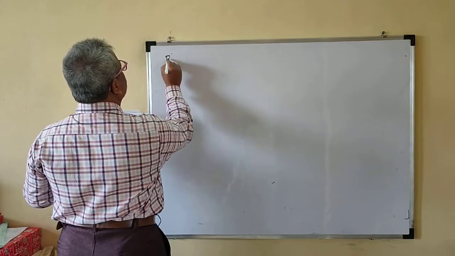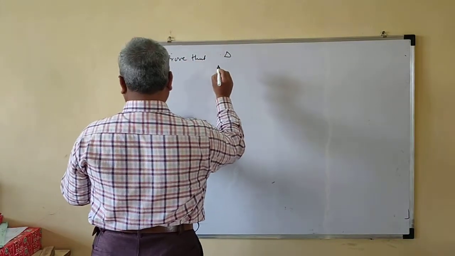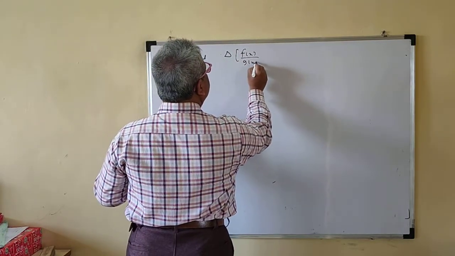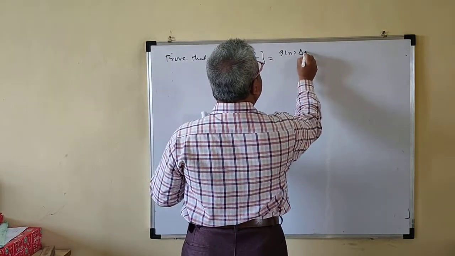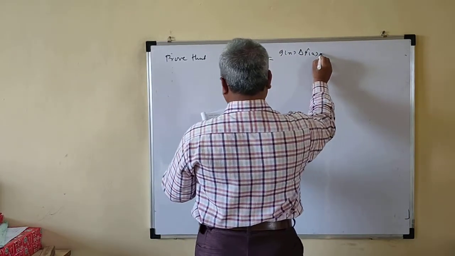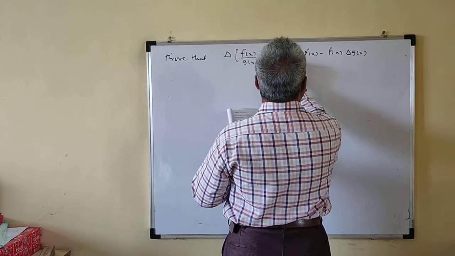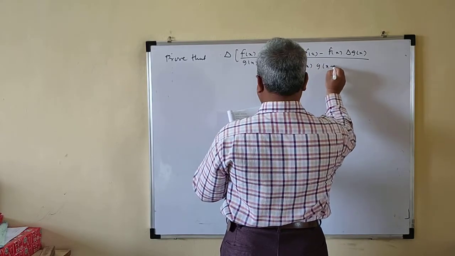Prove that. This is very important problem. Prove that the forward difference of f of x upon g of x is equal to g of x delta f of x minus f of x delta g of x upon g of x into g of x plus h.